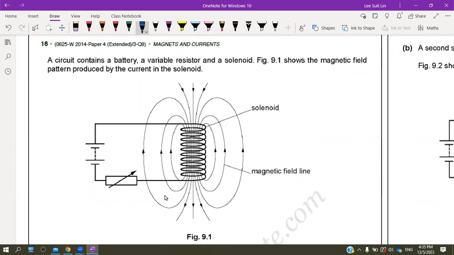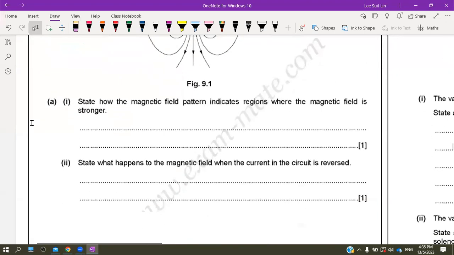I think this is page 6. So right now what we have is basically the solenoid being able to set up the magnetic field, and the direction is also drawn for us. State how the magnetic field patterns indicate the region where the magnetic field is stronger.